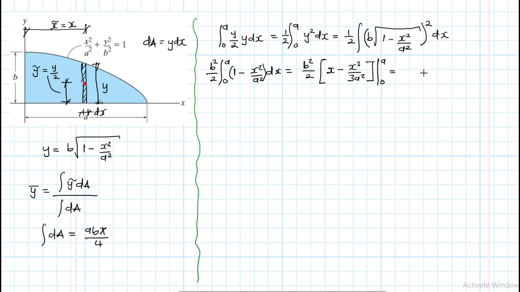And this finally gives us b squared divided by 2 times a minus a cubed over 3a squared.